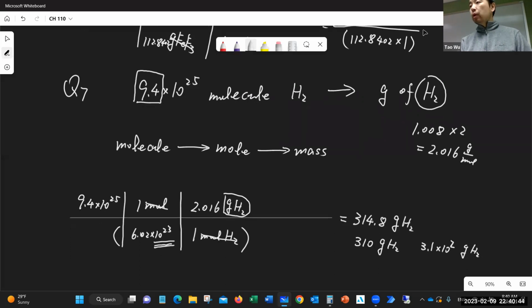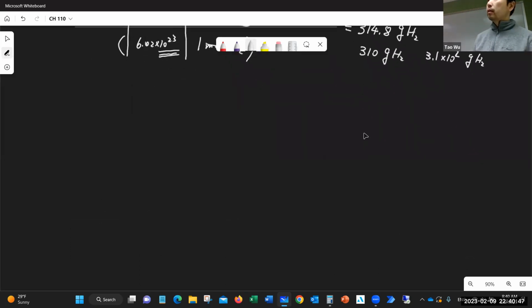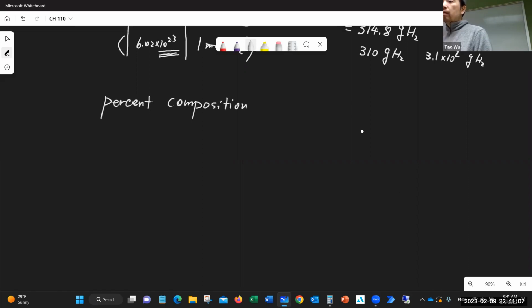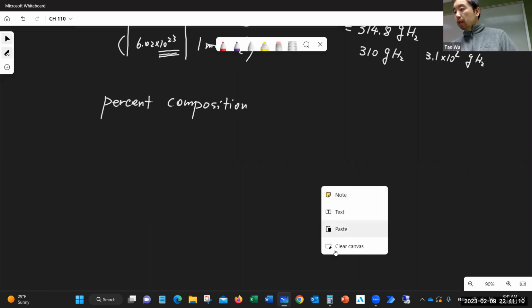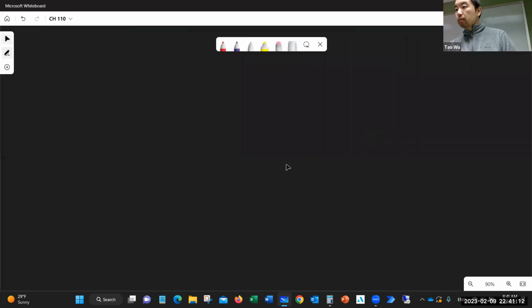Okay, so the next part, we're going to talk about percent composition. Actually, we already talked about percent composition in the lab last time. So percent composition, generally, what does that mean?